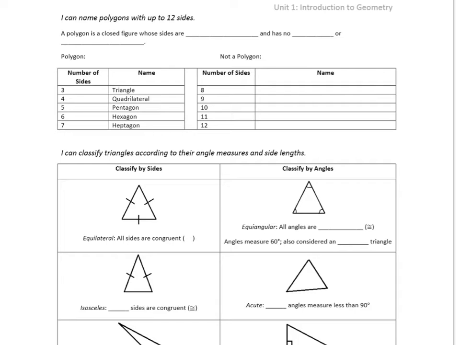A polygon is a closed figure whose sides are straight and has no gaps or overlaps. So things that would be a polygon, like, let's go with this guy here.